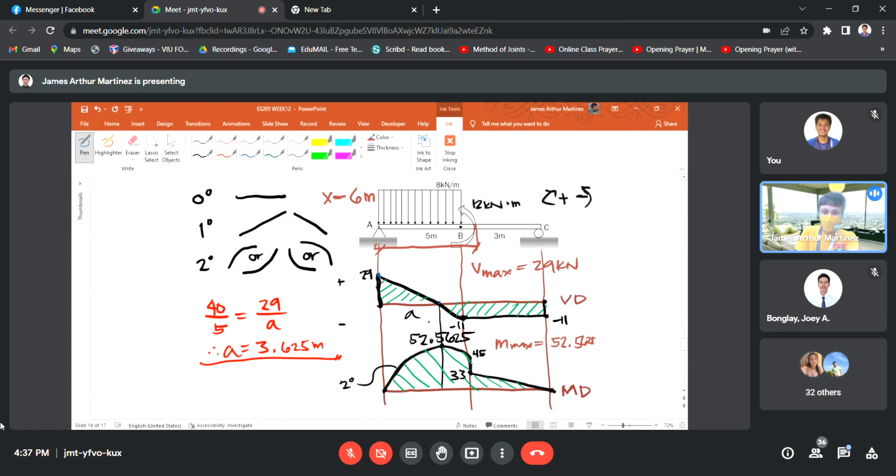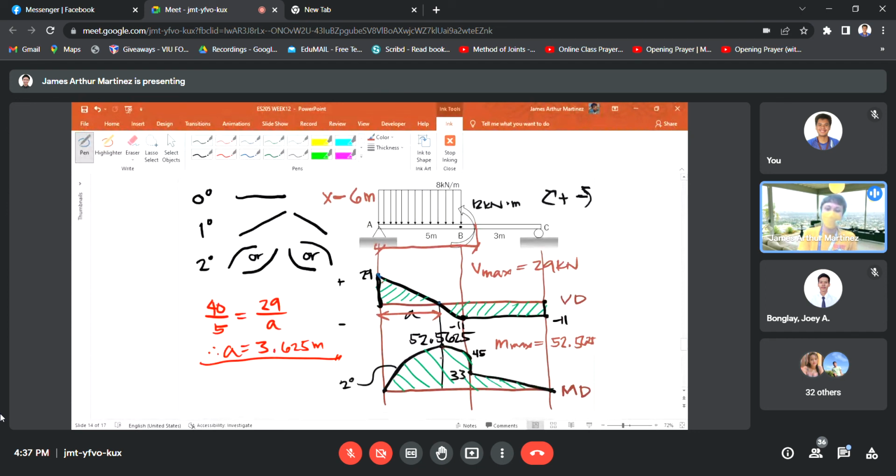Since at this point we did not know where it is on the given beam, we use ratio and proportion to solve the distance from point A. By ratio and proportion, we discovered that from the left support until 3.625, you have a zero shear.